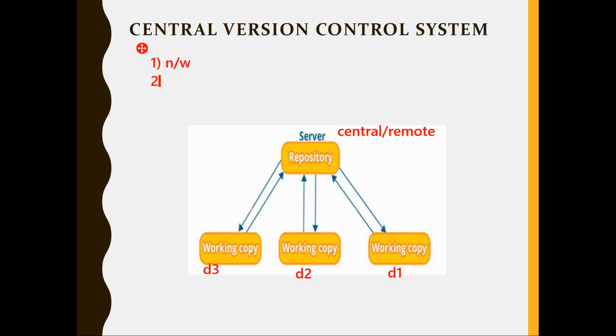Also, let's say for some reason the central server is lost, the chances of recovering that data are very low, because it works like a single source of truth. If the data is gone, if the central server is lost, that's all. There's no backup there, right? So this is how a centralized version control system works. Understood the architecture of centralized version control systems? Any questions on this part?